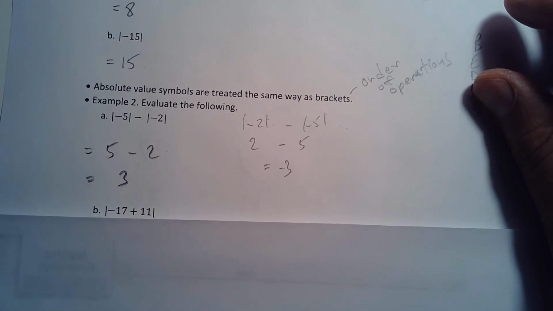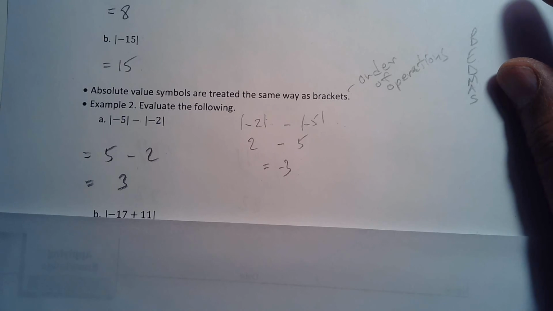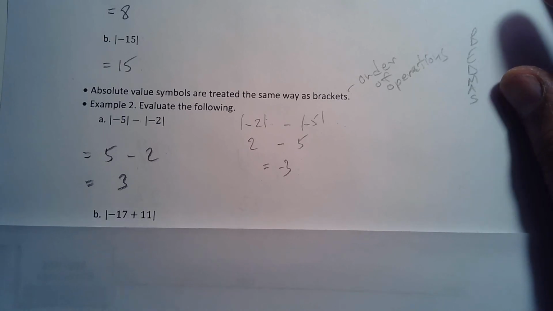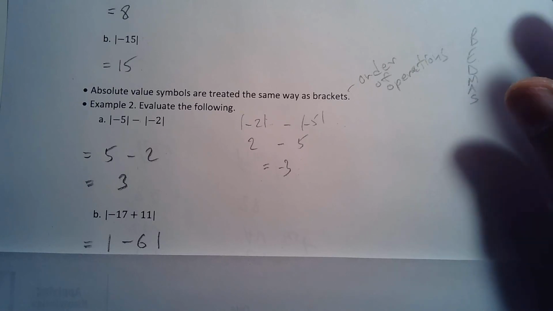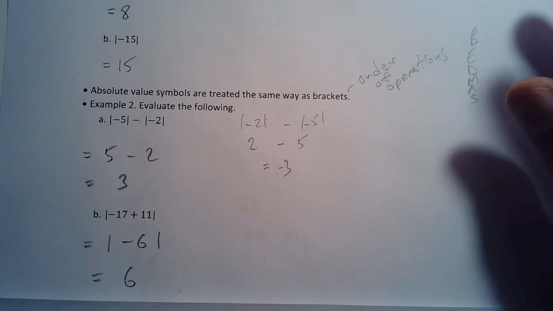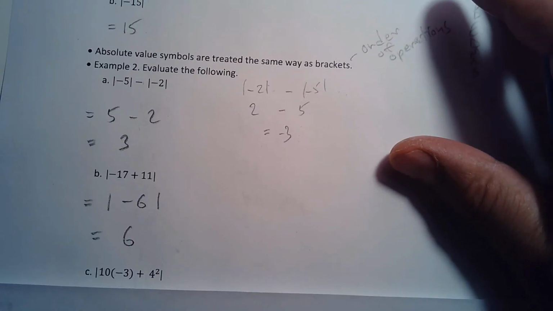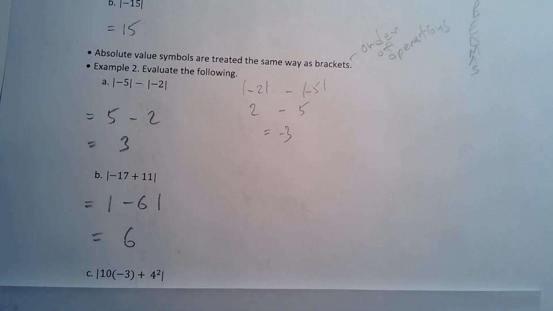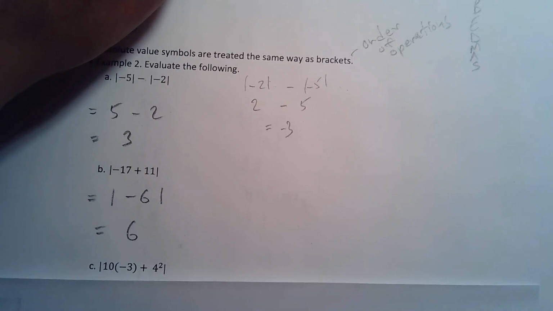Another one here. Again, treat it like a bracket, so don't apply the function yet. Just put those two together, and that gives you absolute value of -6, and then that's going to be +6. And then this one here, you've got a little bit more going on.